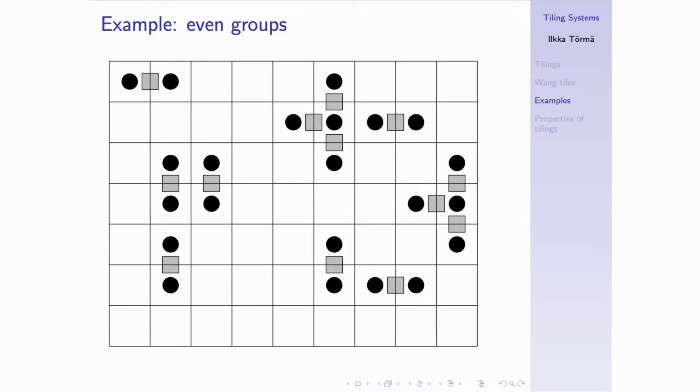So every black dot has either 1 or 3 gray markings, and the gray markings connect 2 dots. Right. So we can do even size groups.